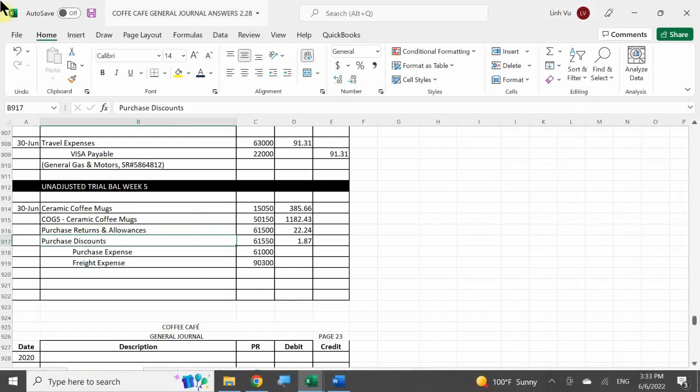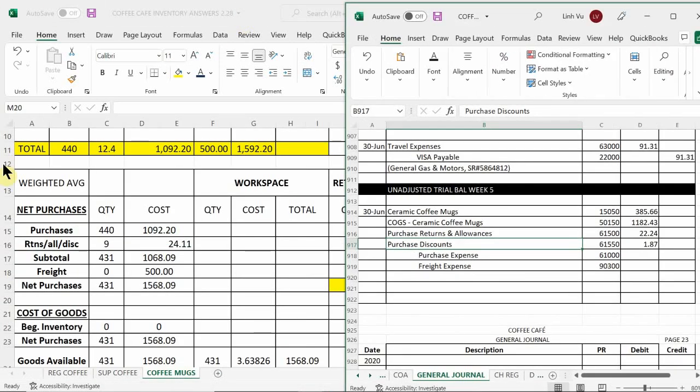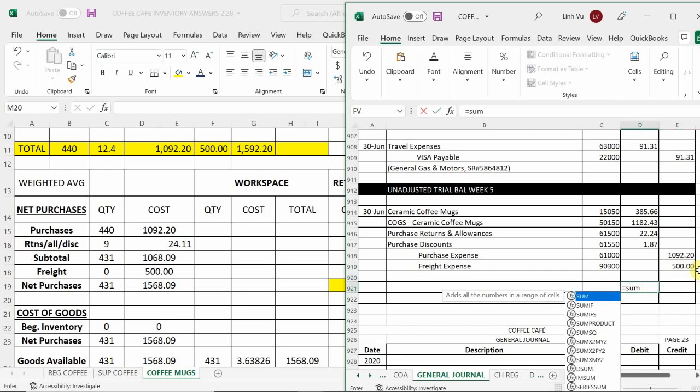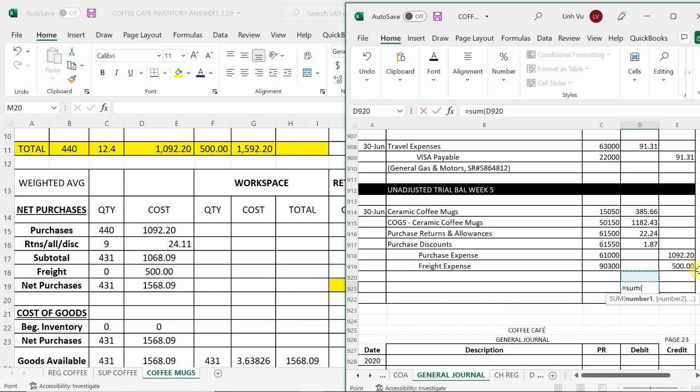Okay. So let me go ahead and plug those numbers in. So I have 1092.20 and I have my freight expense for $500. Okay. Of course, rule of thumb here is we need to double ensure that my total debits match my total credits. So here I'm doing my equal sum formula to ensure my total debits equal my credits.